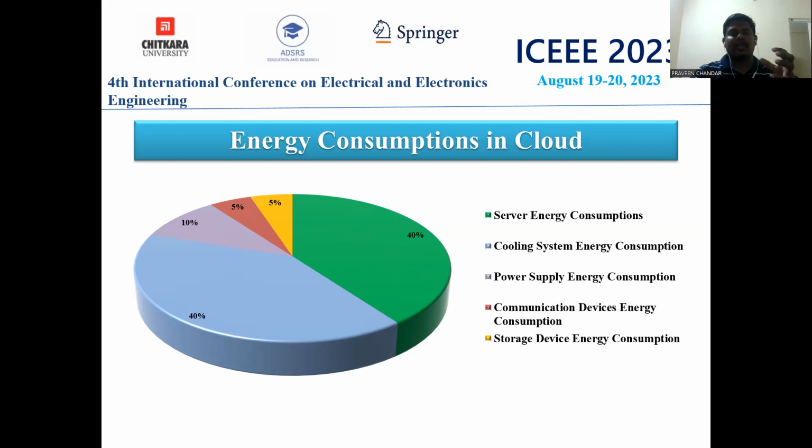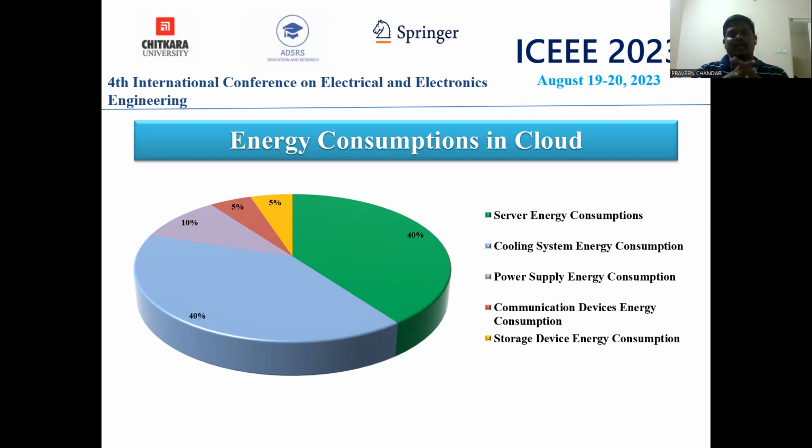We need to spend much on cooling because all servers, racks, and devices are electronic devices, and all electronic devices emit some amount of heat. The remaining 10% is for the power supply, 5% for communication devices, and the remaining 5% for storage devices.